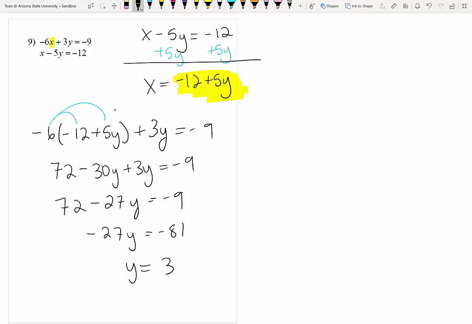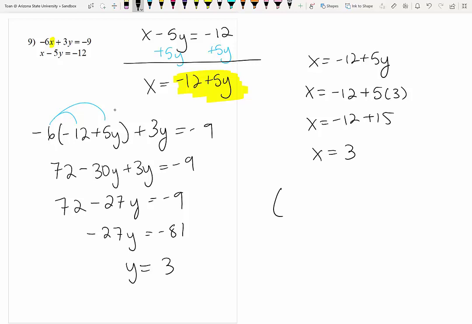Now that I have a numerical value for y, you can substitute it into any of the original equations, or you can substitute into the equation that has x already solved for, and that's what I'm going to use. So you have x equals negative 12 plus 5y. Substitute a 3 in for the y, gives us 5 times 3, and then you just do math. x equals negative 12 plus 15, so x equals 3. So there's our solution, 3 comma 3.